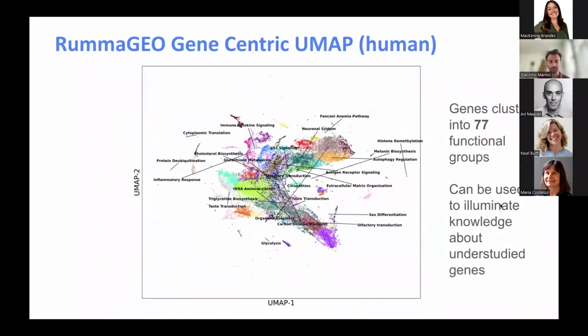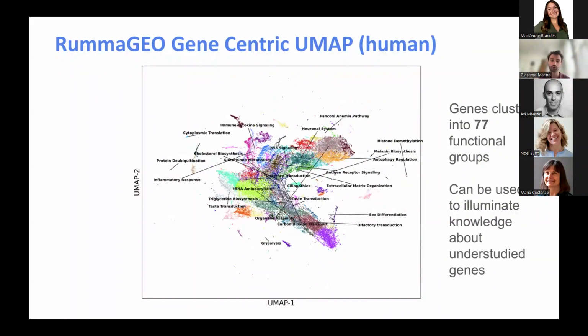Another interesting analysis that we conducted was to take the human RamaGeo gene set library and transpose it. So now we're looking at genes instead of gene sets. And if we cluster this collection of genes and what gene sets they're in, then we find, in the case of humans, 77 functional groups. And we can then look at the functions of these clusters from a select set of Enrichr libraries and see if we're seeing consistent, significant enrichments.